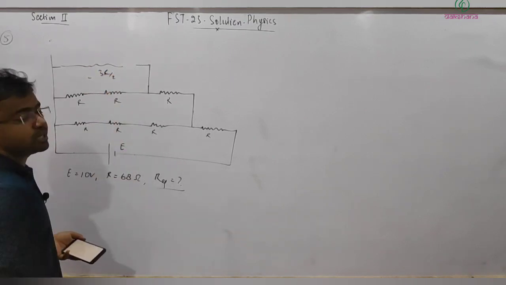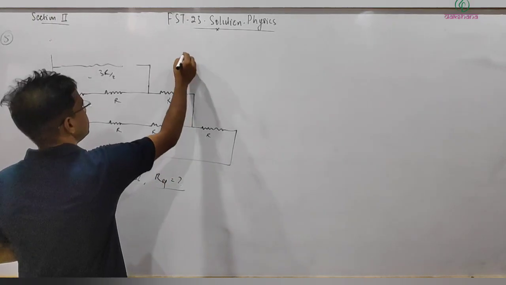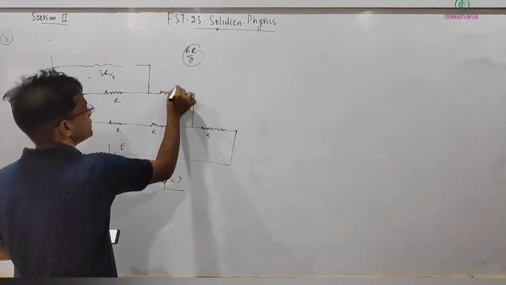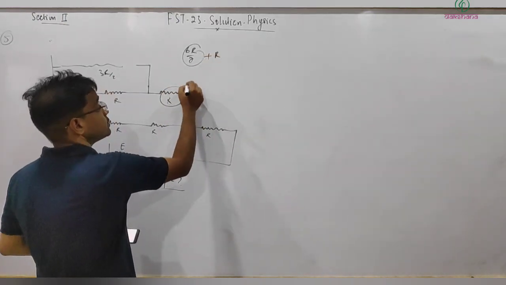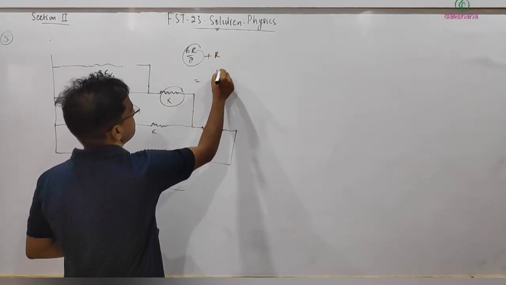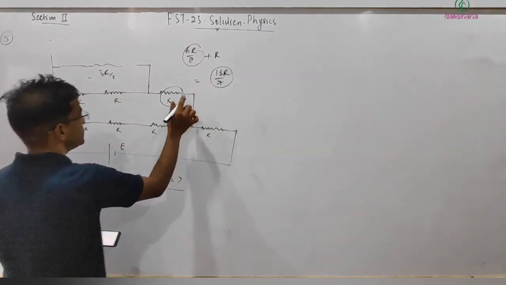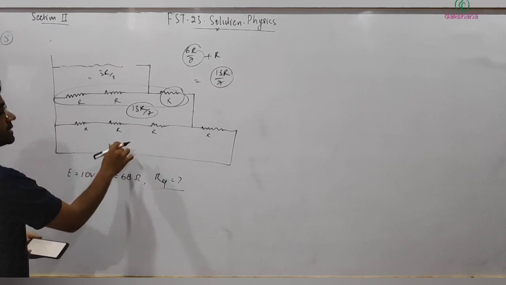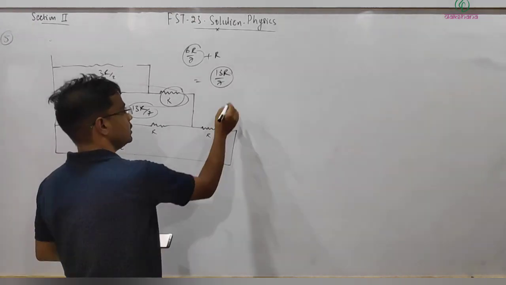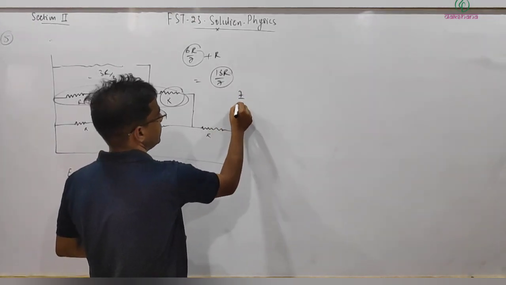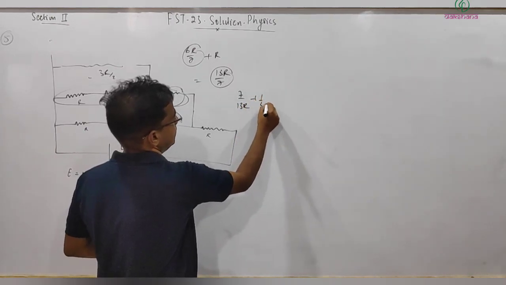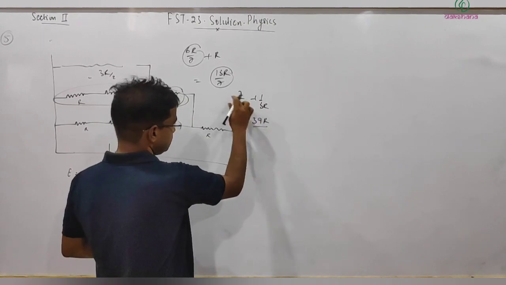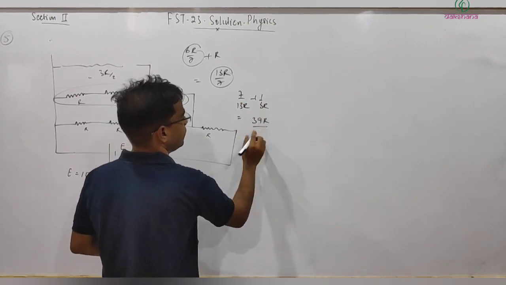So 1 by 3R by 2 plus 1 by 2R gives 6R by 7, and plus this in series, it will be 13R by 7. So this complete part up to here is 13R by 7. Now 3R in parallel basically. So 1 by 13R by 7 plus 1 by 3R comes out to be 39R by 34.